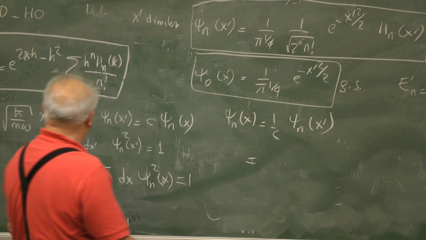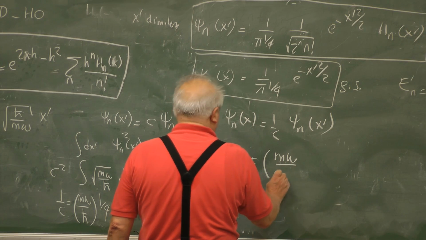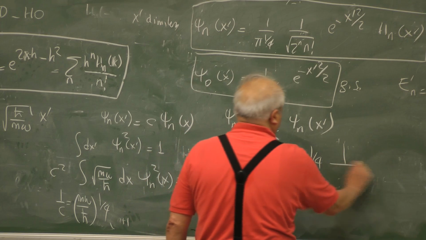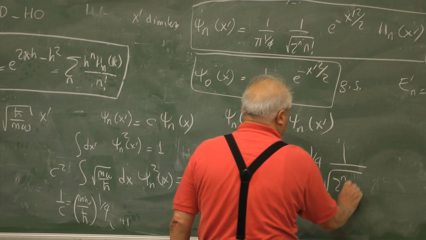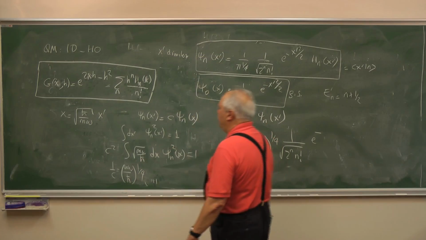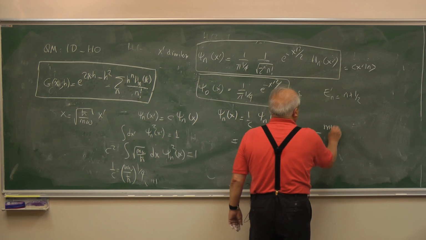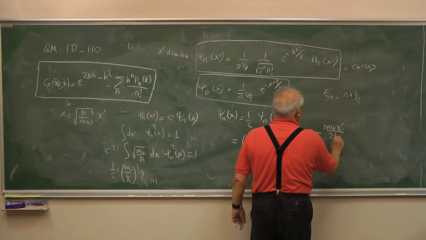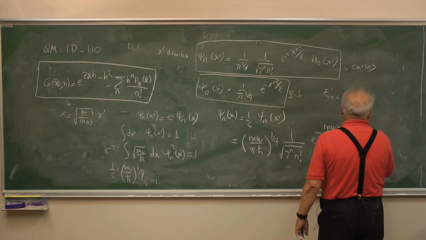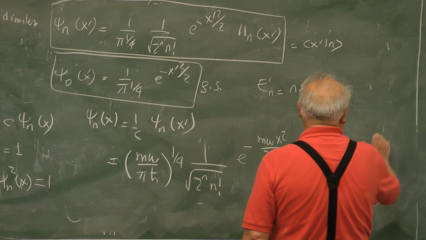So we just put in m omega over pi h bar to the 1 over 4, 1 over root of 2 to the n n factorial, e to the minus m omega x squared over 2 h bar, and H n of root m omega over h bar x.